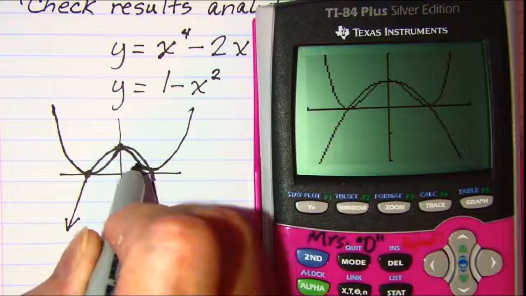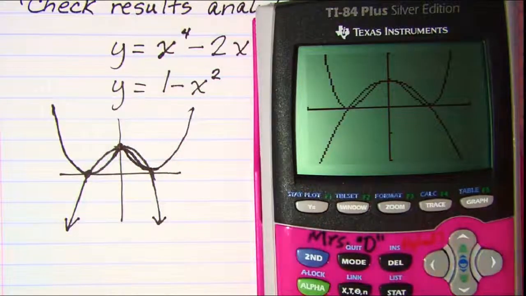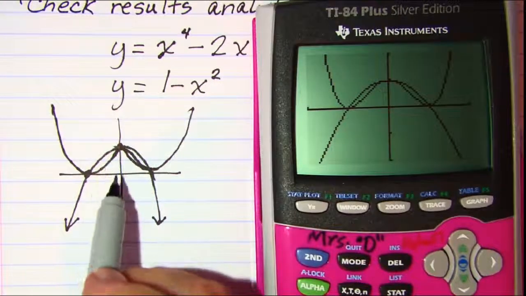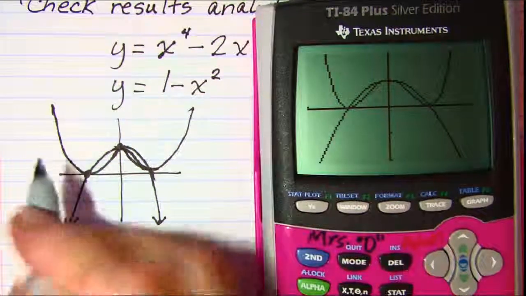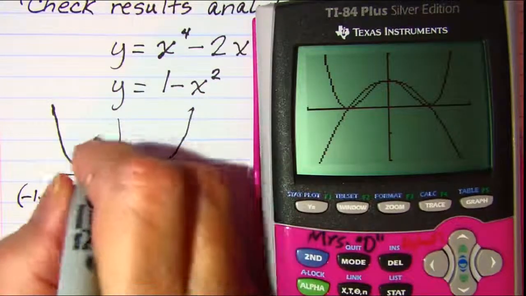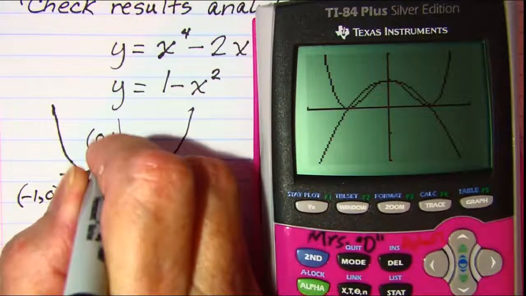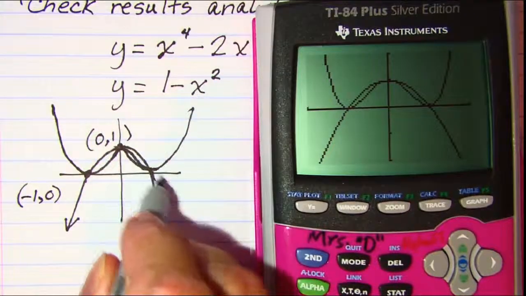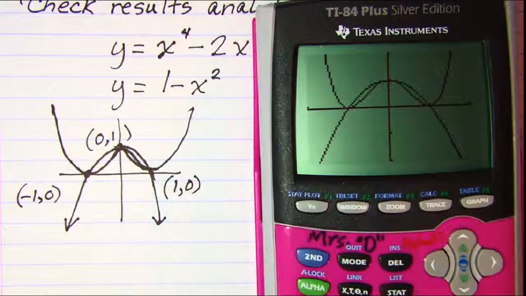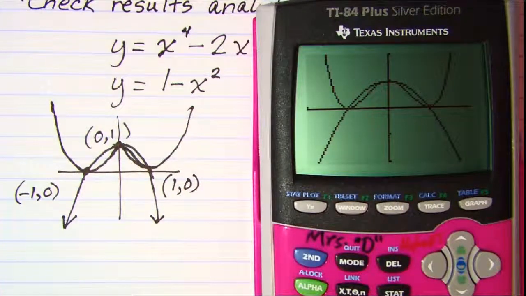So this is actually more of a, there you go. Alright, so to me it looks like we have negative 1, 0, and then 0, 1, and then 1, 0.